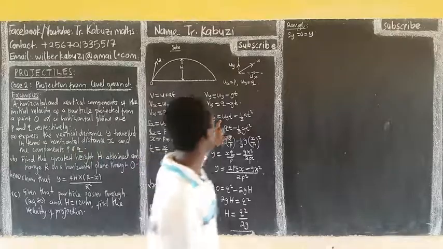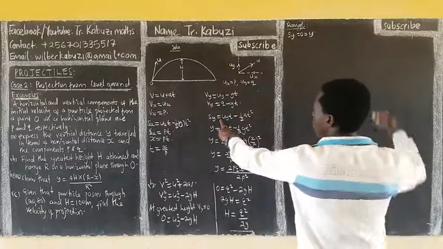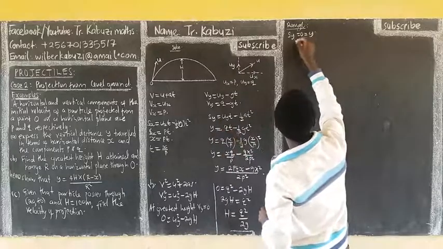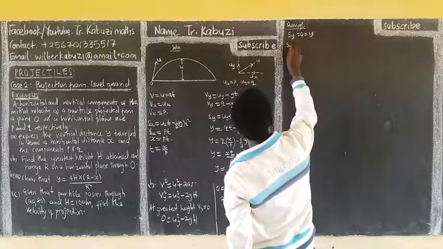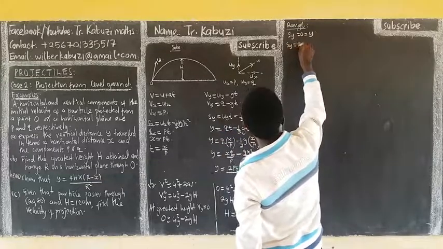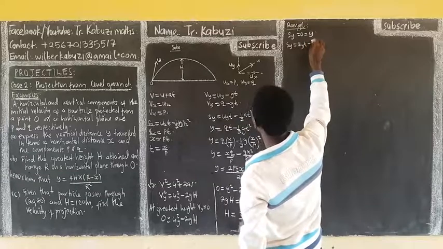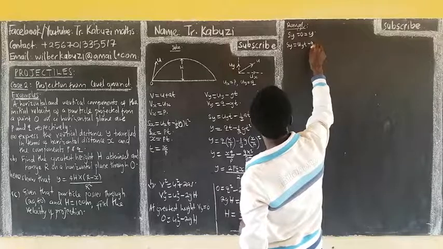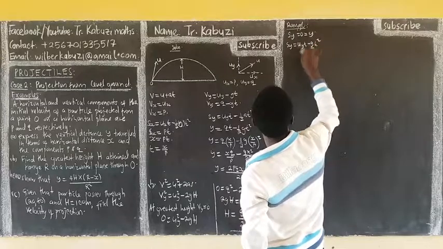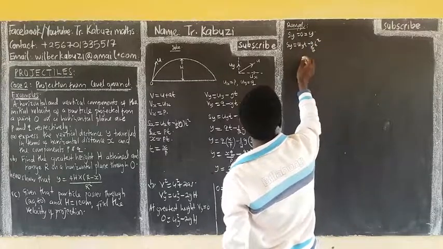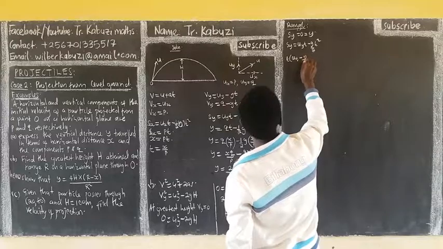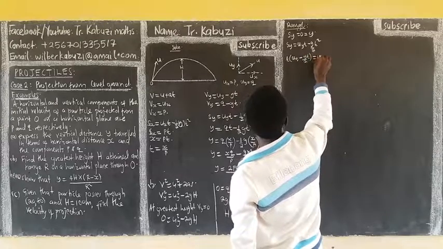Putting it here, I'll be having my 0 from sy. We have sy equaling uyt minus half of g t squared. So if this is 0, and I factorize out t, I have uy minus gt over 2, times t, equaling 0.